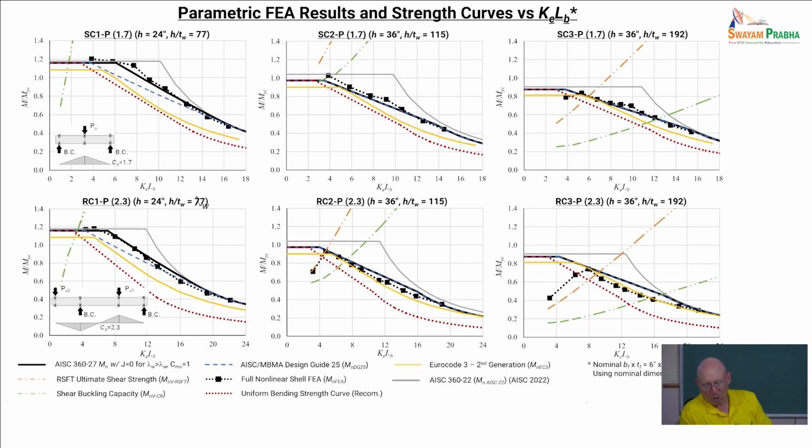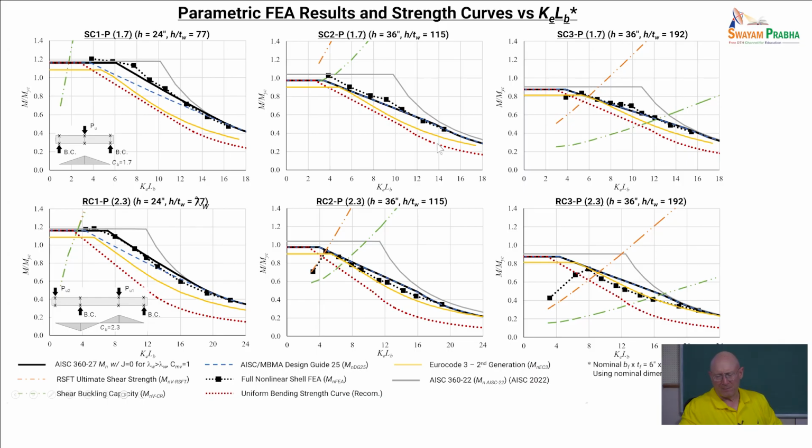Now, the gold curve here in these plots is what we get from second generation Eurocode 3, which is a little enhanced relative to the Indian code, a little larger strength. The Eurocode curves, you can see, are tending to predict things rather well for the most slender webs, but they are tending to predict a little more conservatively as we get stockier webs.